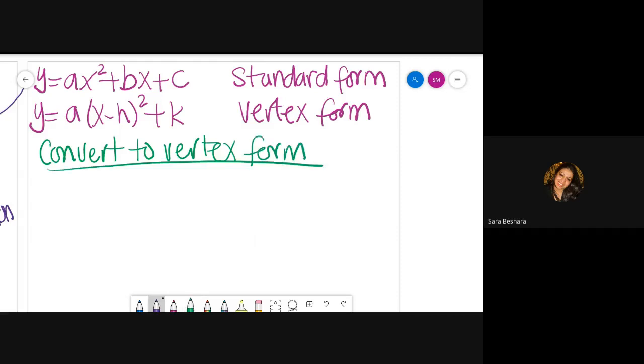Number one. y equals x squared plus 16x minus 57.